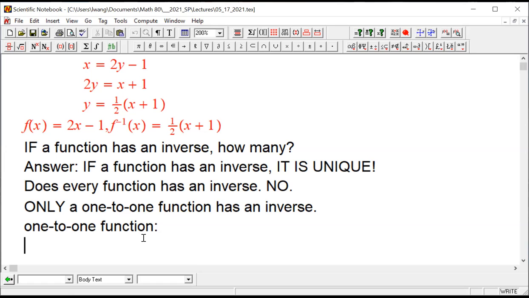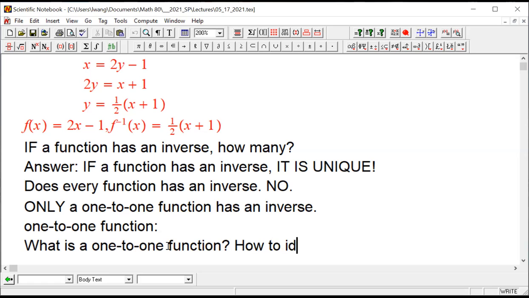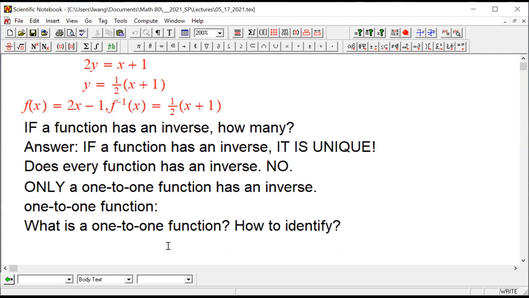So we're going to talk about what a one-to-one function is and how to identify one. Please write them down.